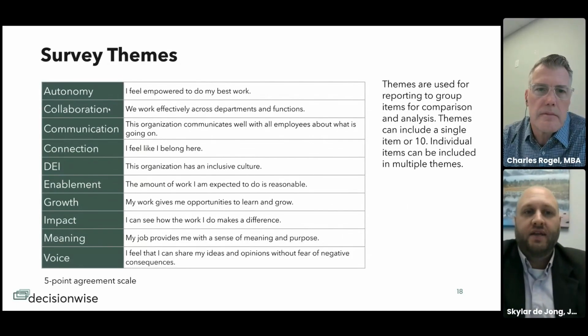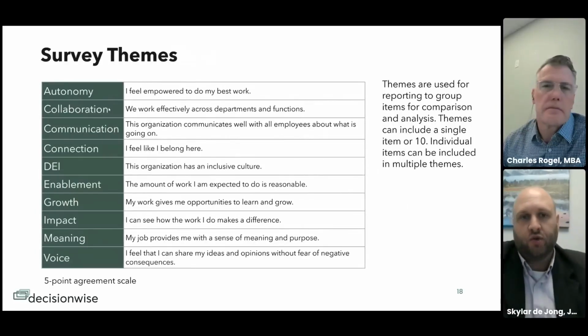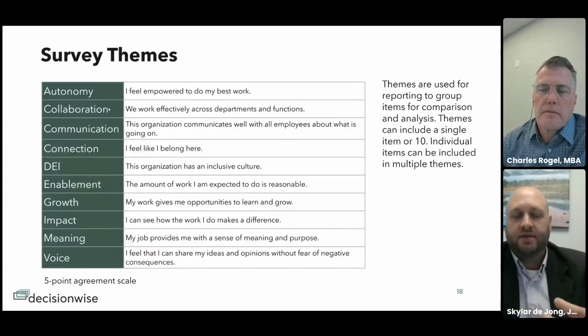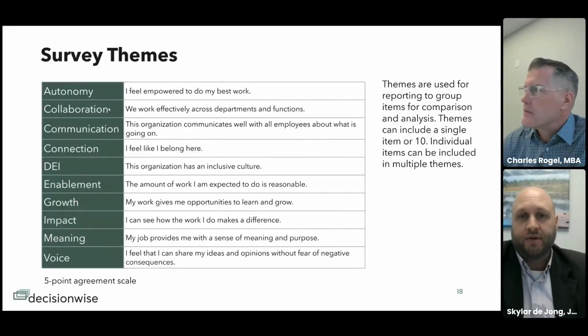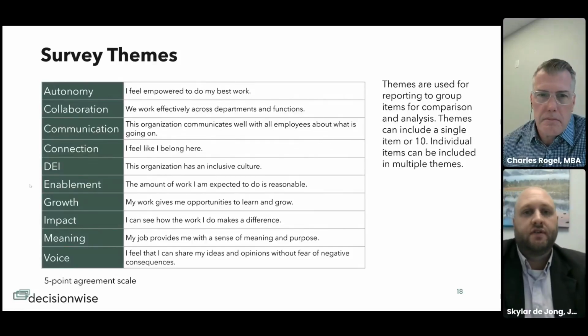These themes are another way we can analyze and say, are there certain areas you're scoring higher or lower on? Your overall score is one thing, but are we having communication issues, and what does that look like compared to the benchmarks? Between all the themes, dimensions, and benchmarks, we're able to triangulate pretty well on areas of potential opportunity and identify recommendations for leadership on moving forward based on what people are saying within the survey.